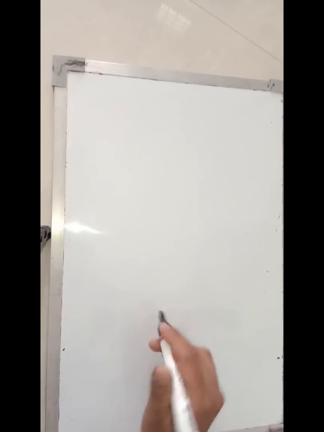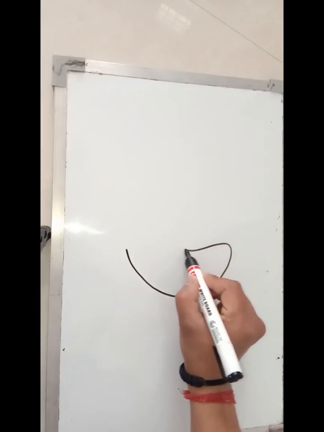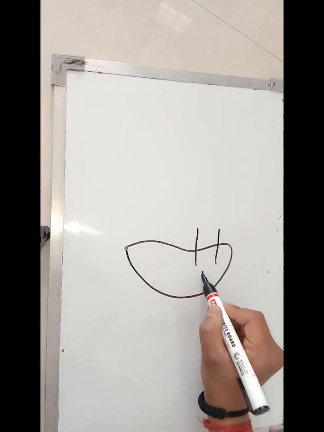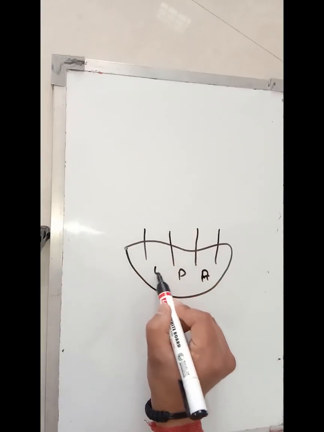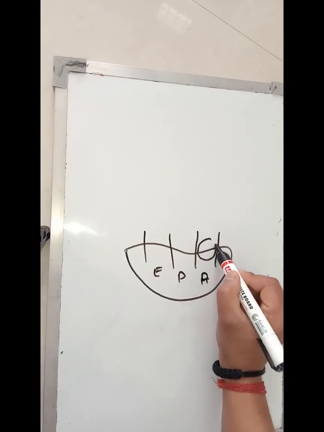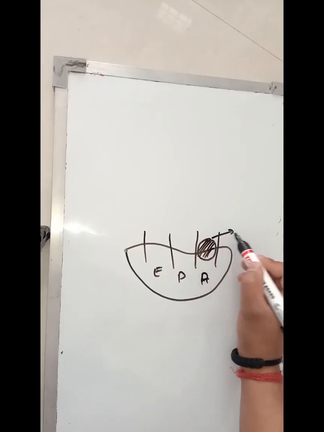Now let us draw the 43S initiation complex. So here A site, P site and E site. At the A site, which factor is there?